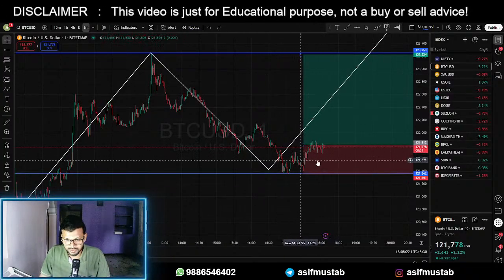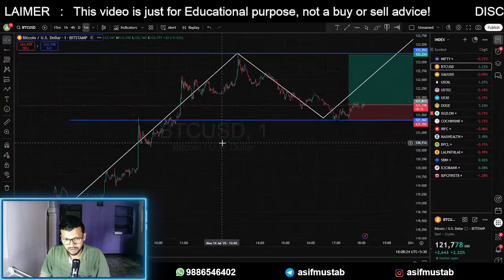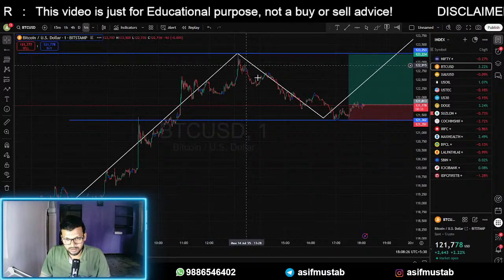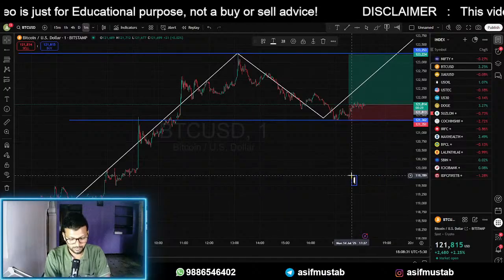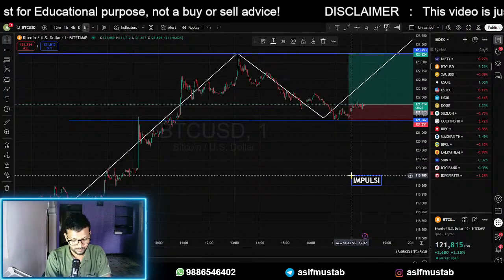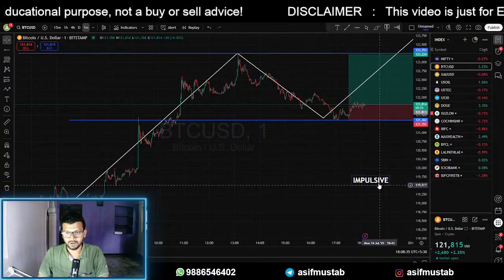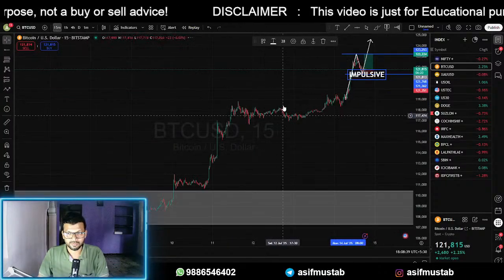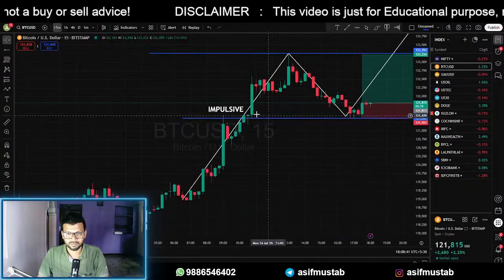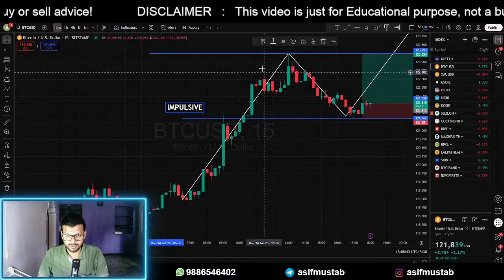Now if you see this, what is it indicating? There is a major buying trend, and this is our retracement. Okay, I will write it, you will get an idea. Okay, this is called impulsive. What is impulsive? This continuous uptrend.